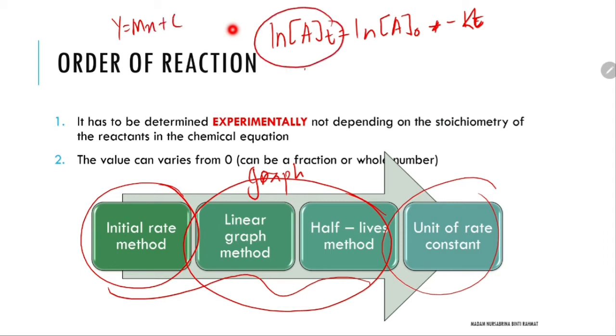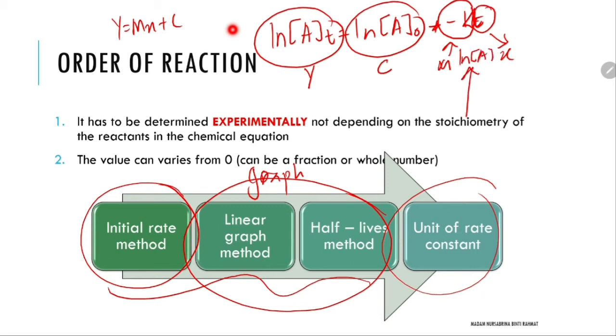So this is my y, this is my c, negative k is my gradient, and t is my x-axis. If I plot a graph of ln At versus time, I should get a straight line with a gradient equal to negative k.